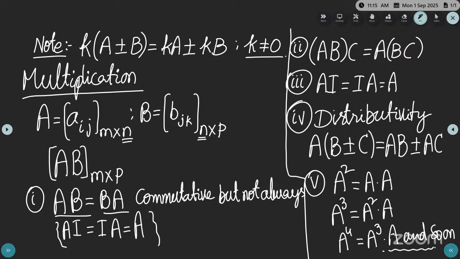Okay. Right? Here A power n means multiplying that matrix n times.